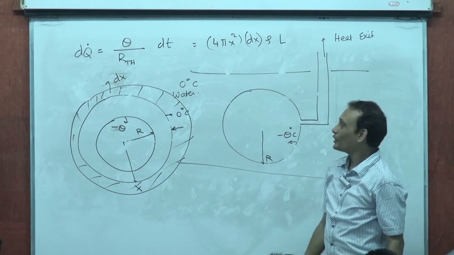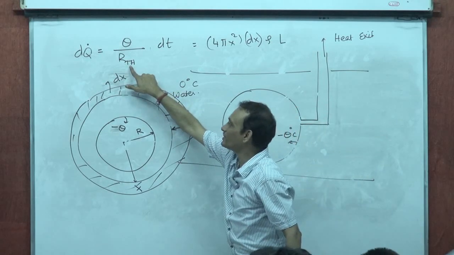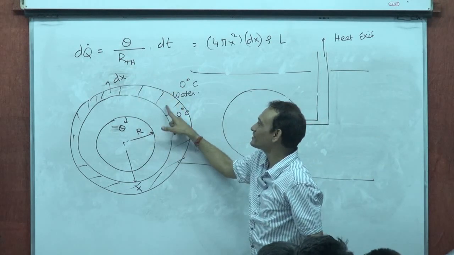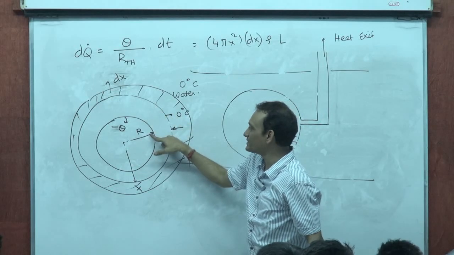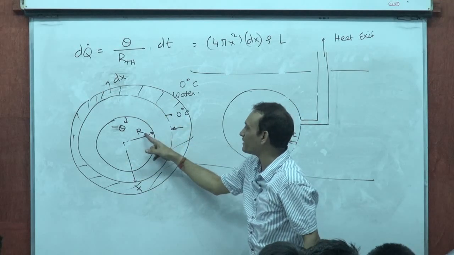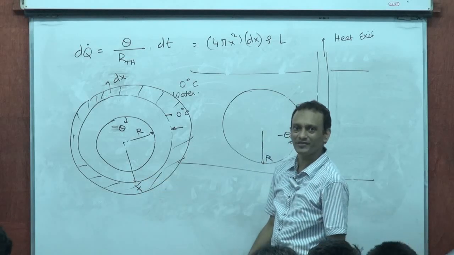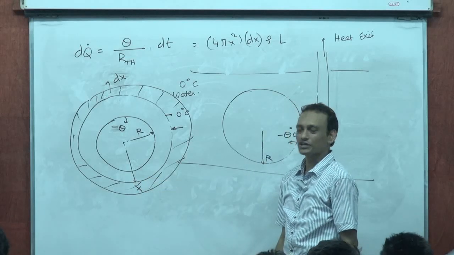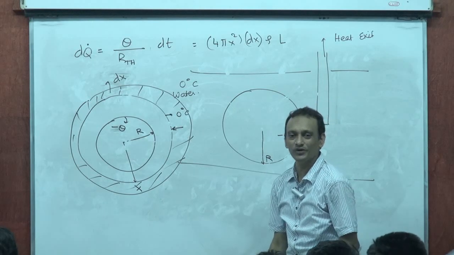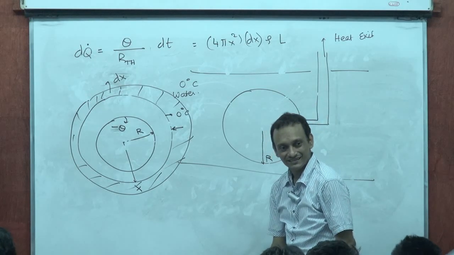Now, have I told you the thermal resistance of a spherical unit? Inner radius A, outer radius B. Instead of A you have R, instead of B you have x. Check on the thermal resistance of that.